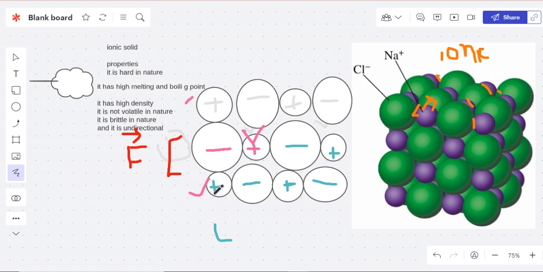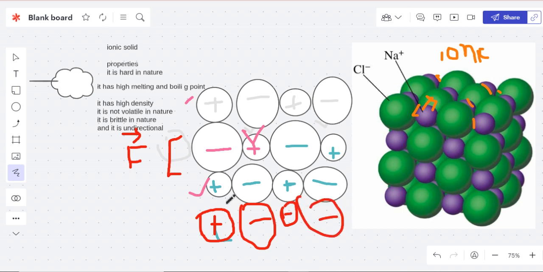After the force is applied, it shifts from its position. Now this positive will come at the position of a positive, then negative, then positive, then negative, due to which they repel each other, and that's why it is brittle in nature.